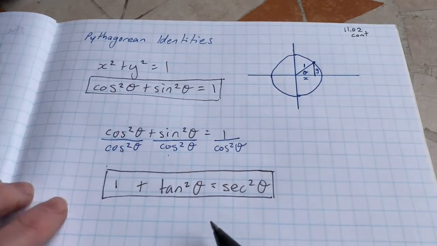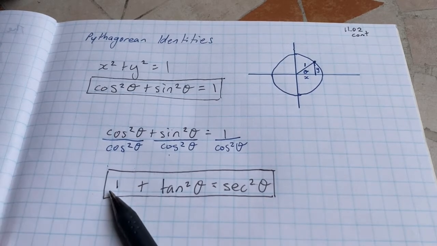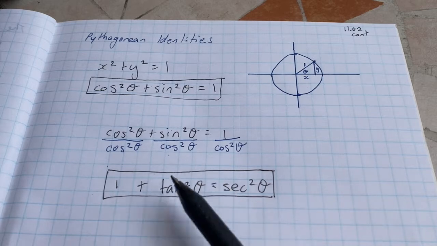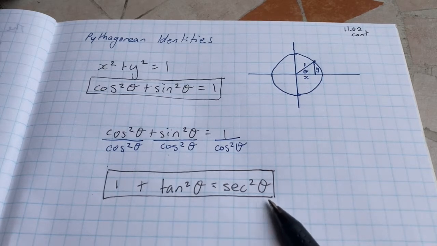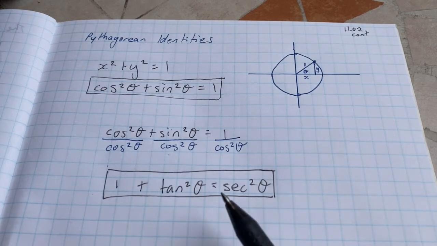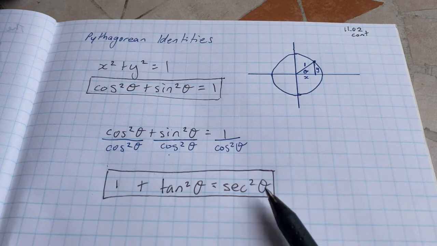Now, one thing that people use to remember this is 1 with a tan is sexy. This rule comes up a huge amount. When we do calculus, we're going to be using this rule as well, so it is well worth remembering. So 1 with a tan is sexy is the way to remember it.